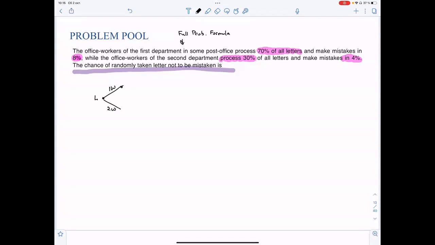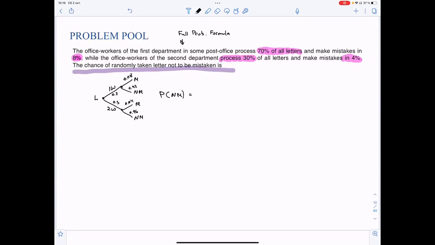And the first worker is making a mistake or no mistake. And the second one is making a mistake or no mistake as well. The probability of the first worker is 70%, of the second is 30%. The probability of mistake is 0.08, and no mistake 0.92. The second one is 0.04, and here is 0.96. And we are looking for the probability of no mistake.